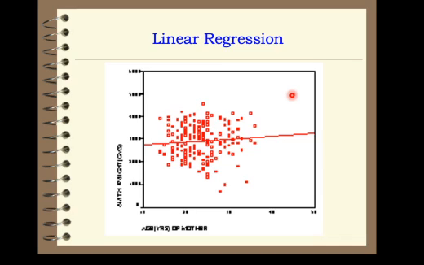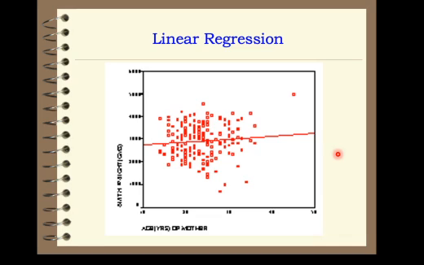Now, if the line is going down, the slope of the line is going down, we say that as x increases, y decreases. And if the line is a horizontal line, when x increases, y does not change.